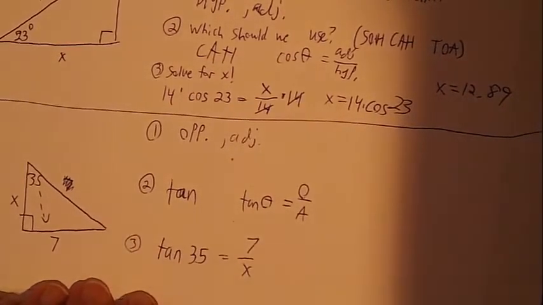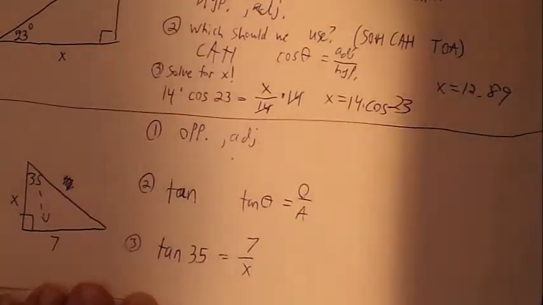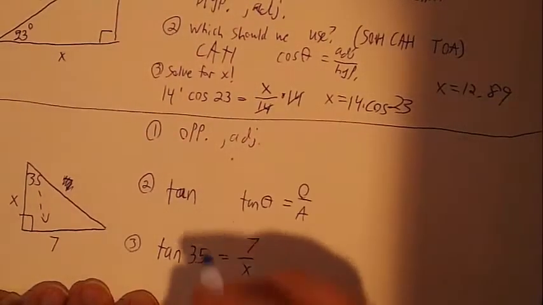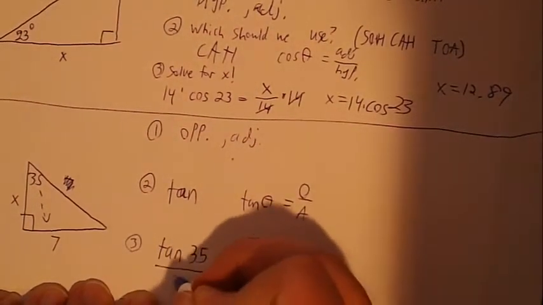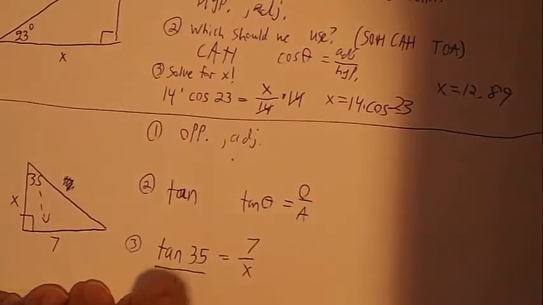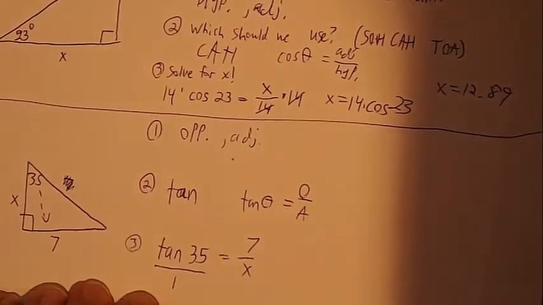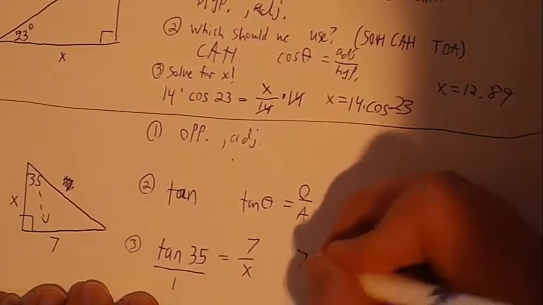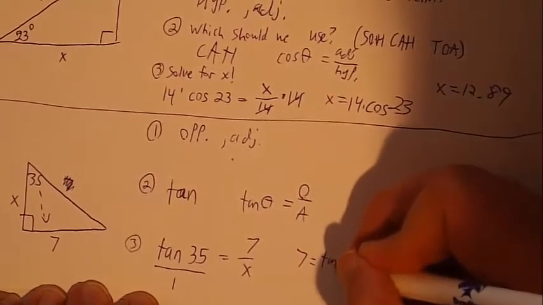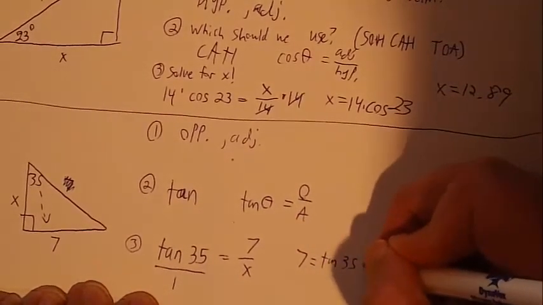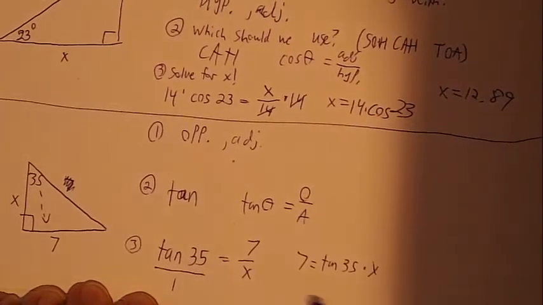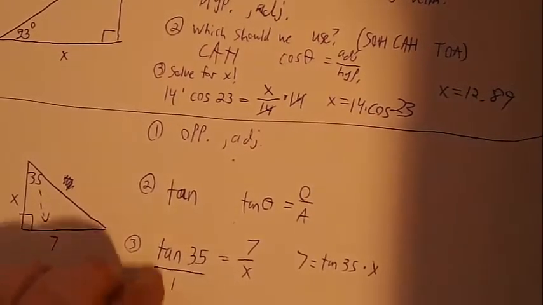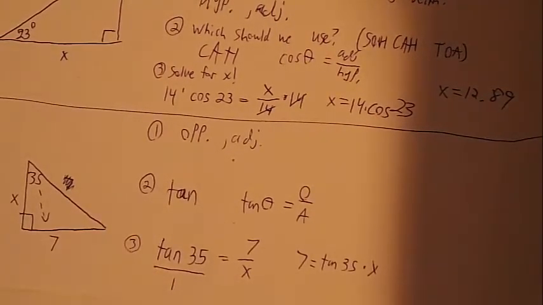So what we're going to do for this one is, it's going to be easiest for us to solve this if we make it a proportion situation. So we're going to put tangent of 35 over 1, and then we can use cross multiplication. So we're going to have 7 equals tangent of 35 times x. And remember, tangent of 35, we're going to enter that into the calculator. It's just going to be a number.